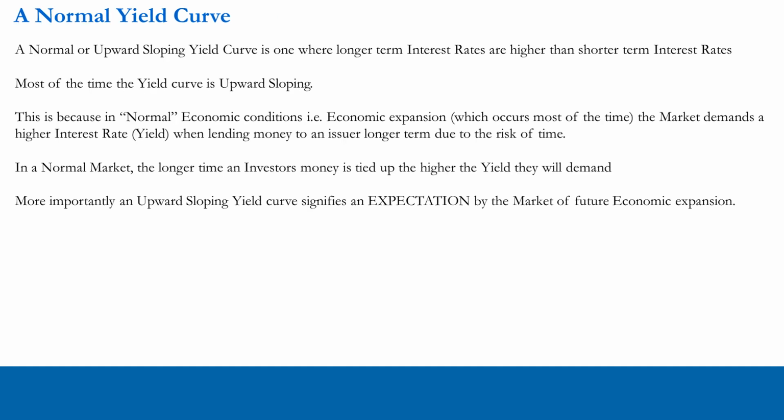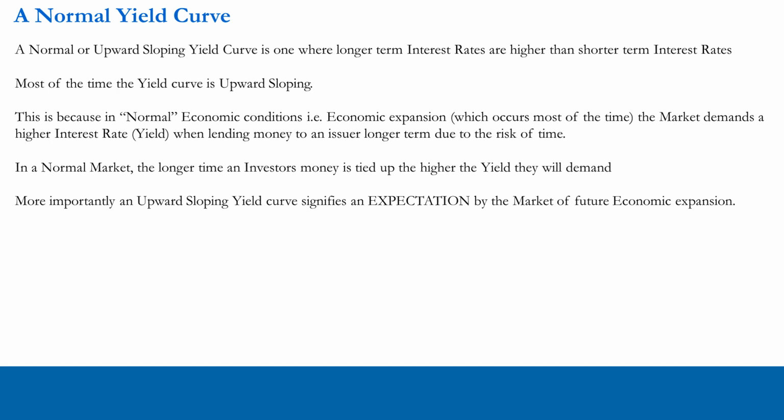So what is a normal yield curve? Well, it's what you just saw on the screen. It's an upward sloping yield curve. It's where longer term rates are higher than shorter term rates. And most of the time, and this is why we call it a normal yield curve, you're going to find the yield curve is upward sloping. That's because in normal economic conditions, we have economic expansion.